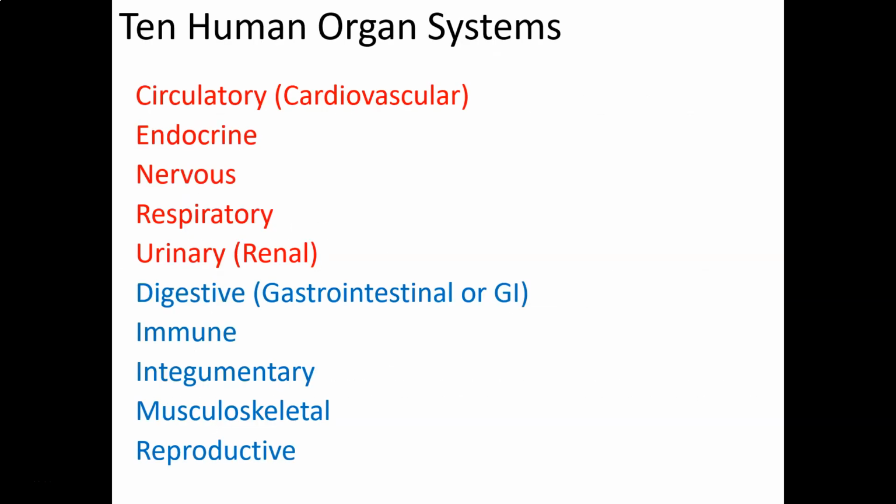Now, there's a whole bunch of ways to break up the organ systems, and we're going to use a similar functional way to break them down. This is actually done by Silverthorne in her text.